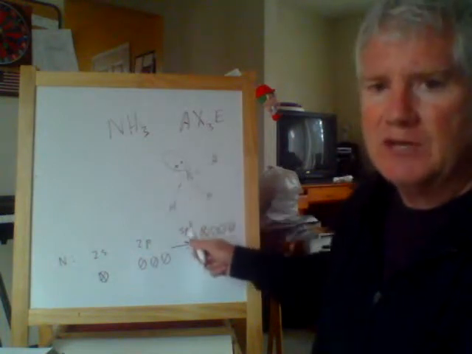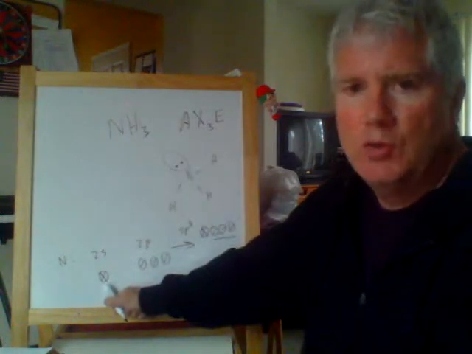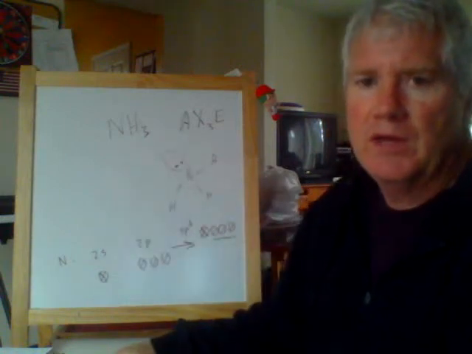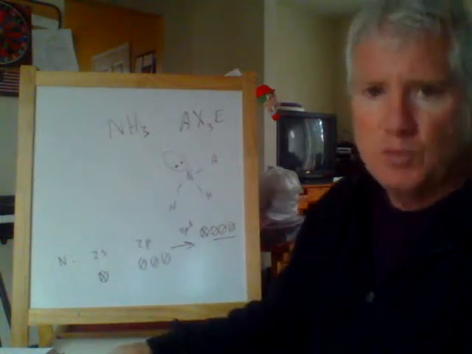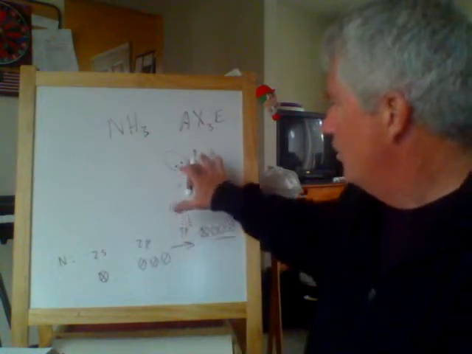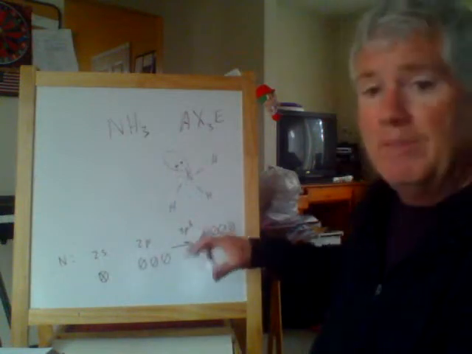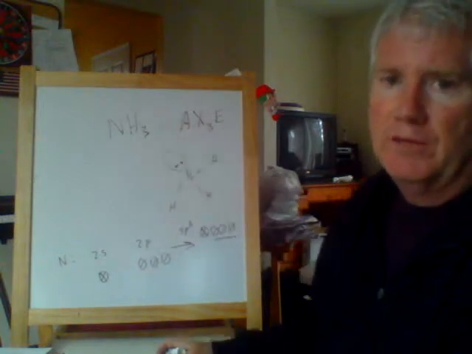If this lone pair instead were a 2s orbital, it would be shaped as a sphere around the center, which doesn't really make sense. It doesn't match our observation of how this lone pair behaves. So the sp3 hybridization makes much more sense in explaining the geometry that we observe in ammonia.